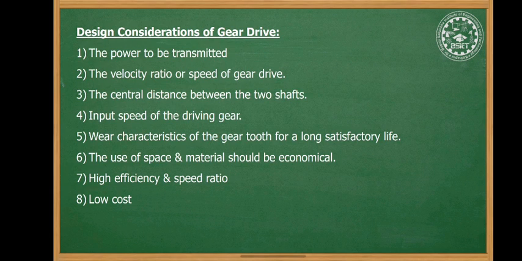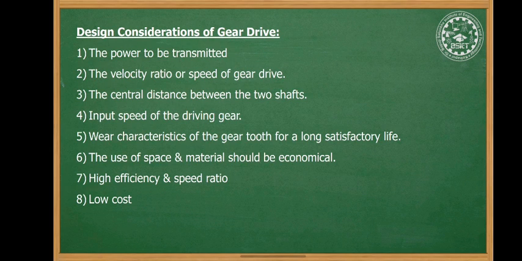The velocity ratio or speed of the gear drive should be constant. The center distance between the two shafts: to have the maximum amount of power, the center distance between the two shafts should be minimum. Input speed of the driving gear should be high.